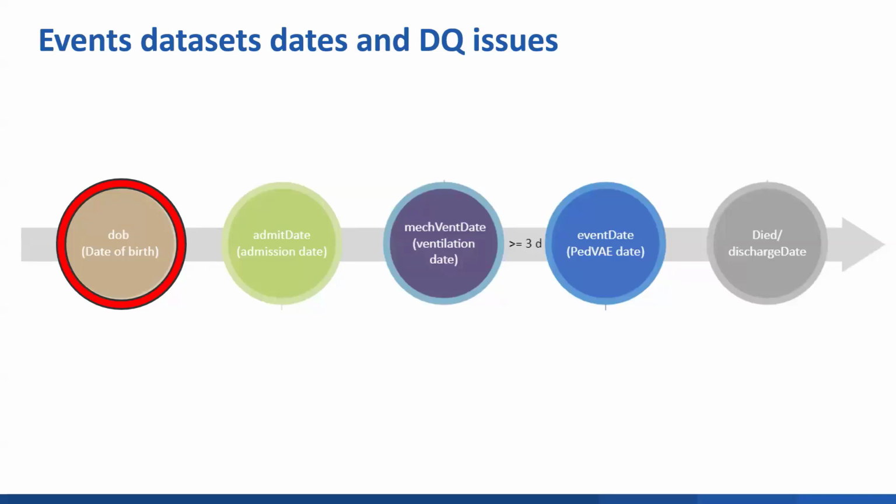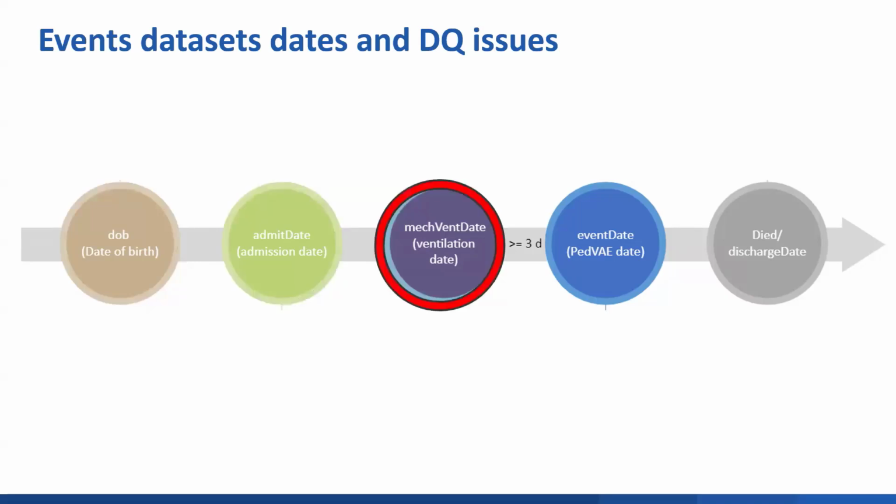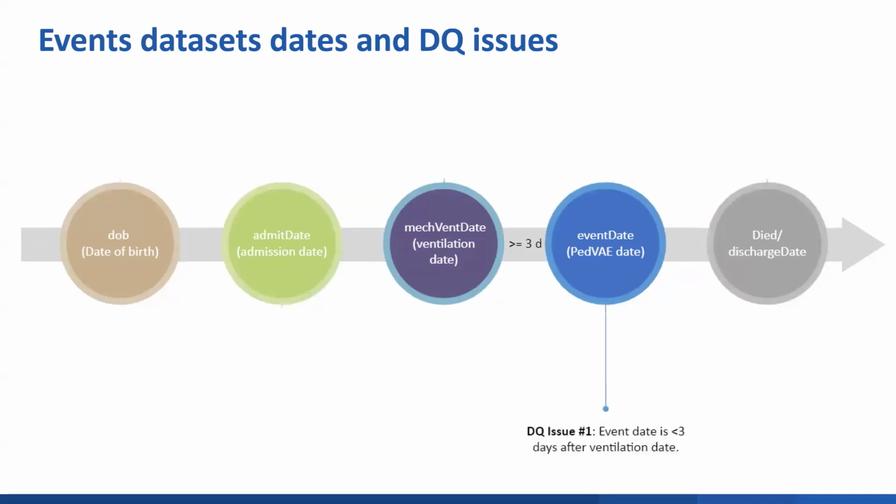So the first issue that can potentially arise is that the event date is less than 3 days after ventilation date, as we walked through in the first example.